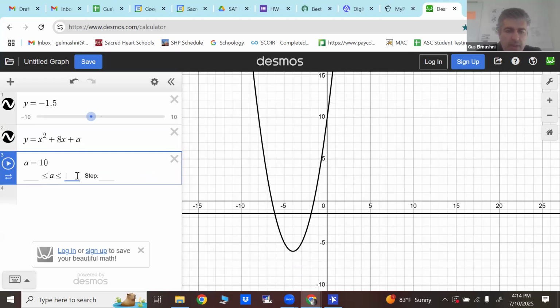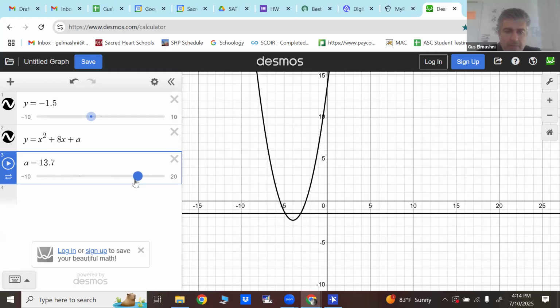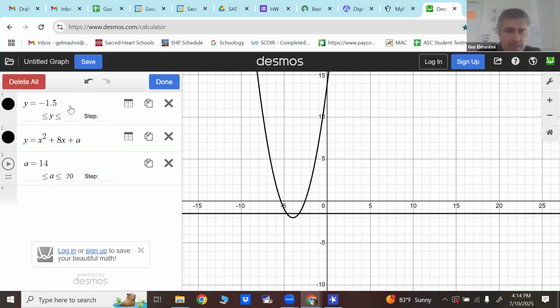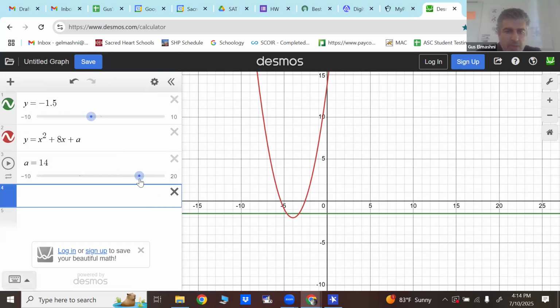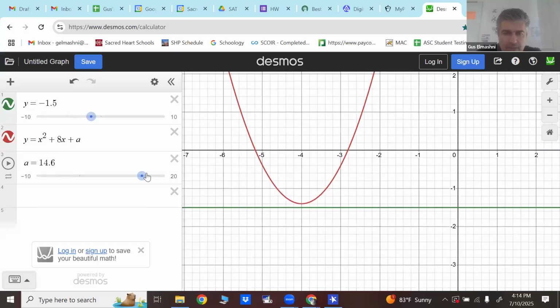So you want it to just graze. So I'm going to increase this up to 20, let's say. And I don't know why I did those colors. Switch that to a nicer color. They're better colors. Okay. So I'm going to keep sliding it until they just graze each other. And it looks like, yeah, see, they miss. And they're right there. See 14.4, see it's below.